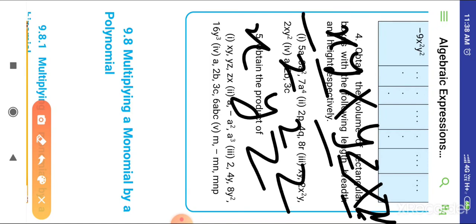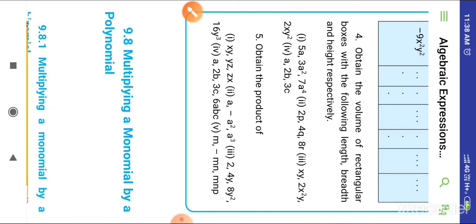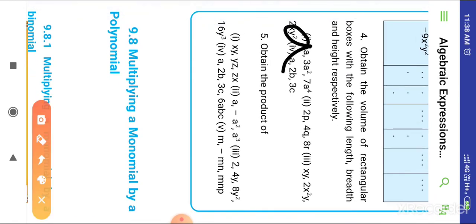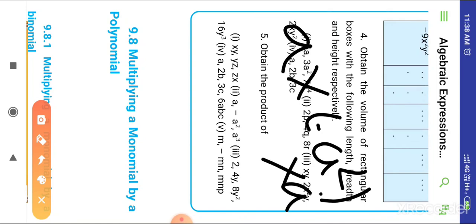So we have 5% means 5 upon 100, of means multiplication, multiplied by x is equal to 600. From here we can calculate the value of x. So x is equal to 600 multiplied by 100 divided by 5.